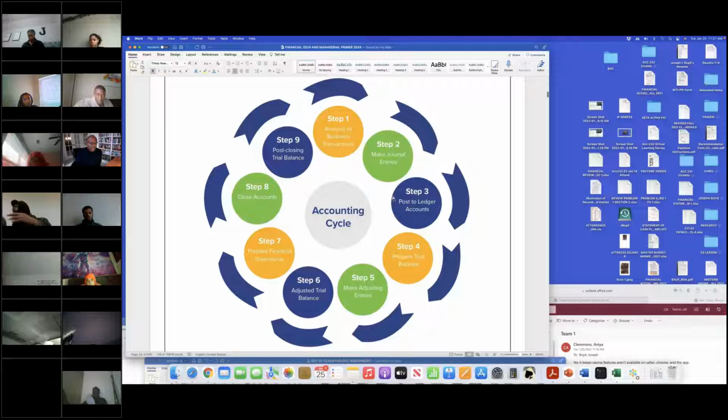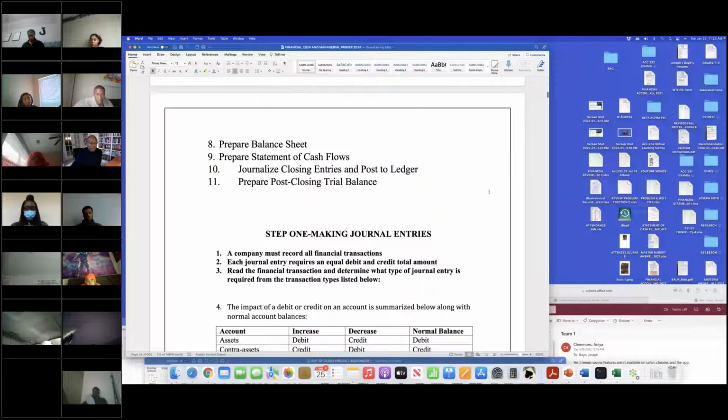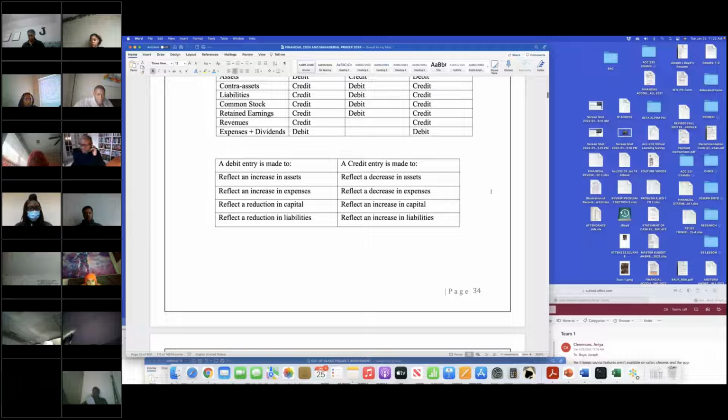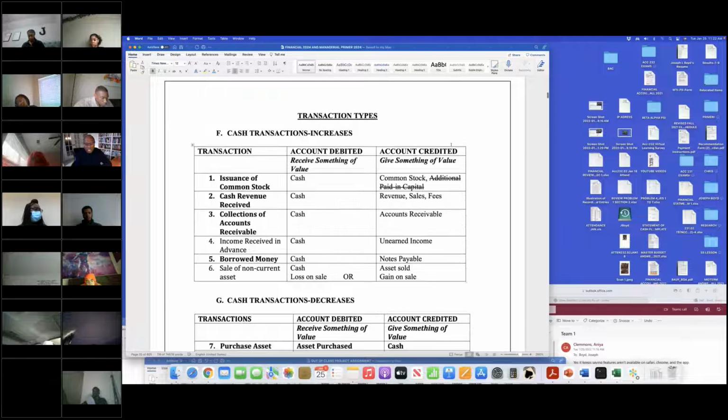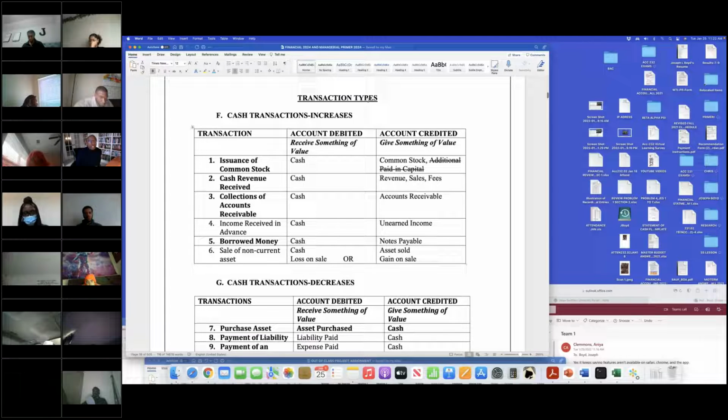The first thing we do is to make journal entries. And I ask you to make copies of the transaction types, and I ask you to make copies of the chart of accounts. When a financial transaction occurs, if cash is coming into the business, I label those transactions 1 through 6.